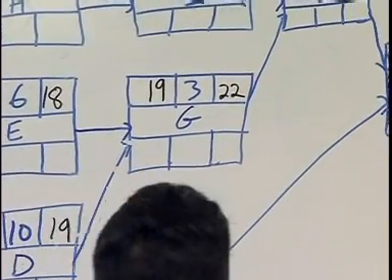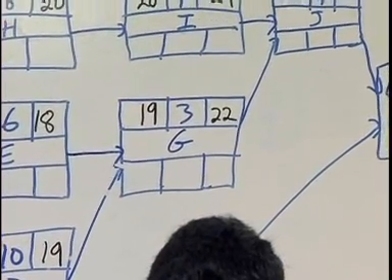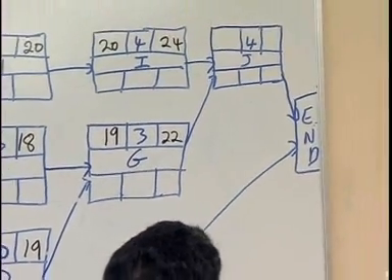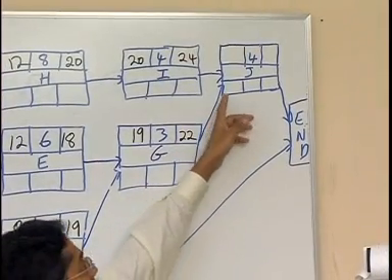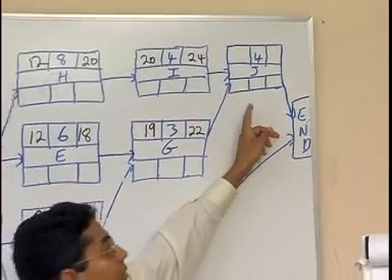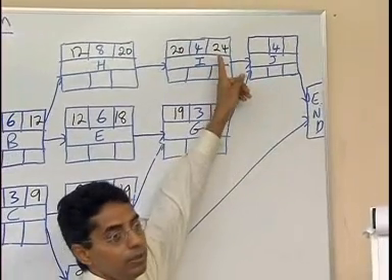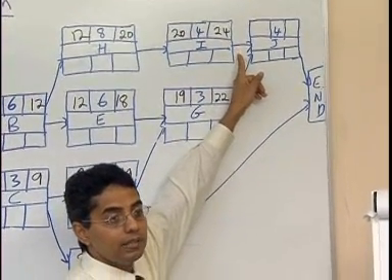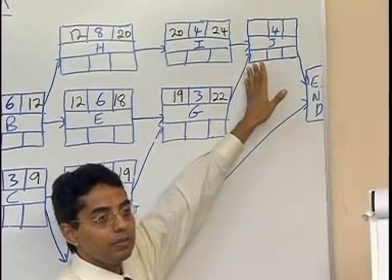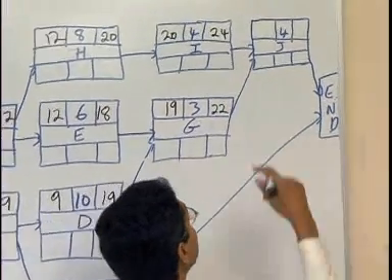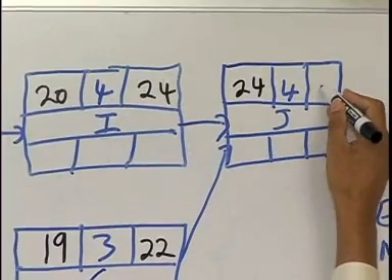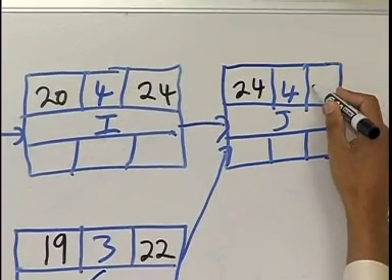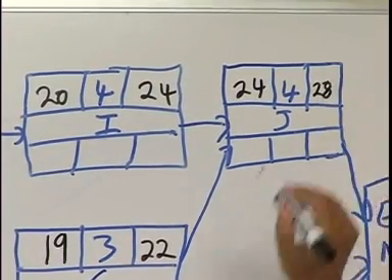Okay. G, H, I. Now let's go to J. Again, J has 2 values coming into it, 22 and 24. The rule says take the maximum value. The maximum value here is 24. 24 plus 4 is 28.